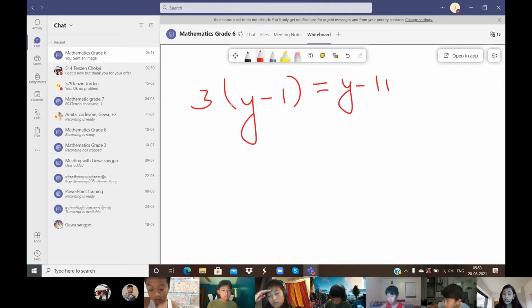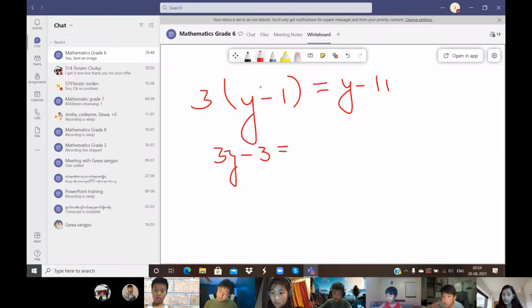So we'll multiply it into this term, and then we'll solve. So it will be 3y minus 3 into 1, which is 3, is equal to y minus 11. Okay, so we'll move y here and 3 to this side.